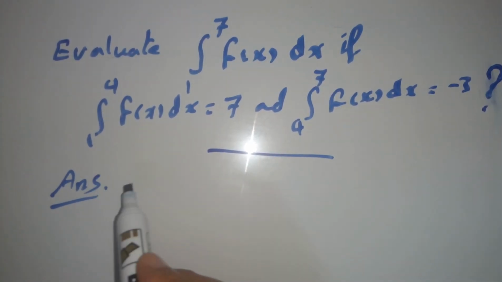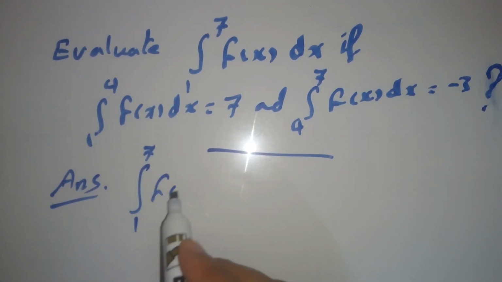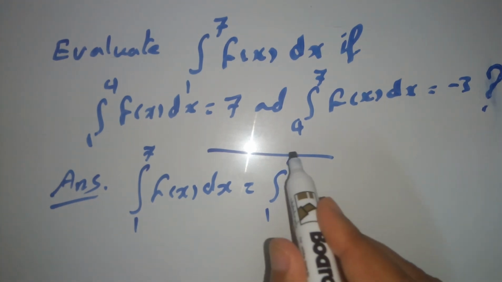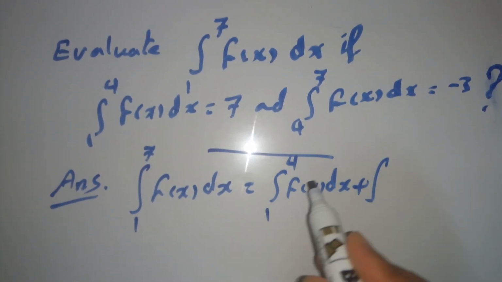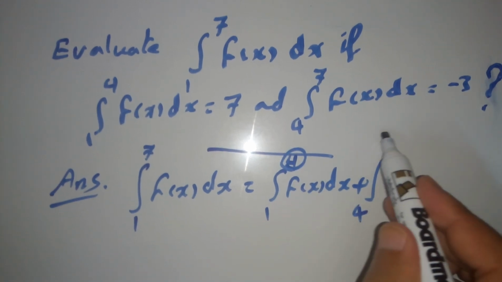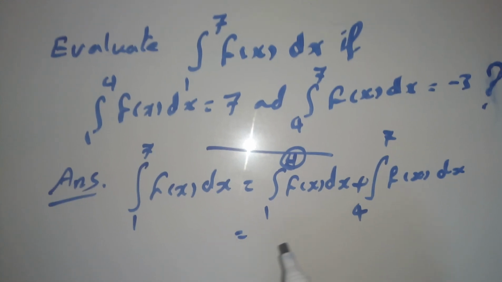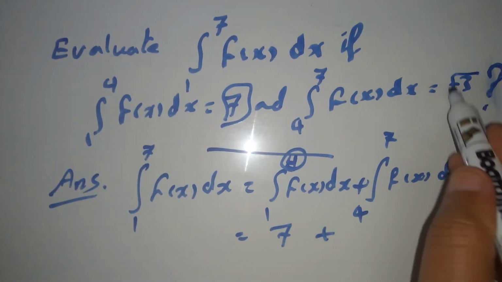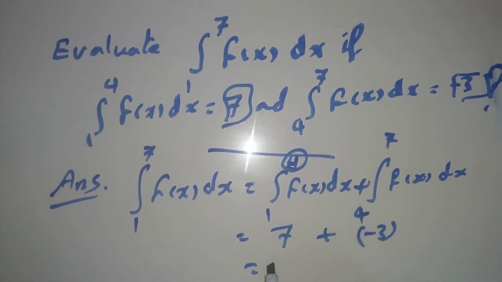The integral from 1 to 7 of f of x with respect to x will be from 1 to 4 of f of x dx plus from 4 to 7 of f of x dx. The first one is 7, the second one is negative 3, then add them, it is going to be 4.